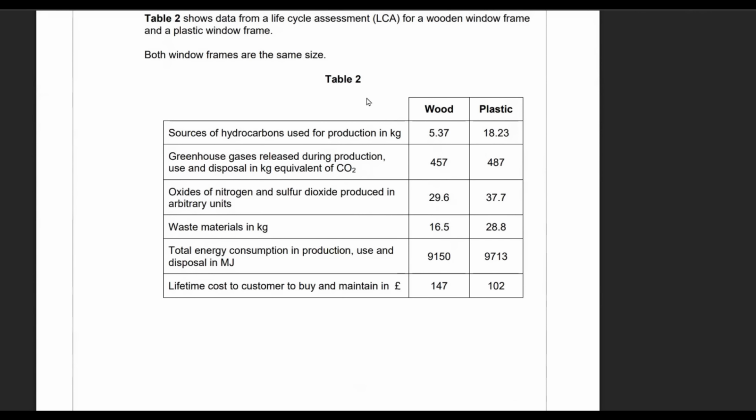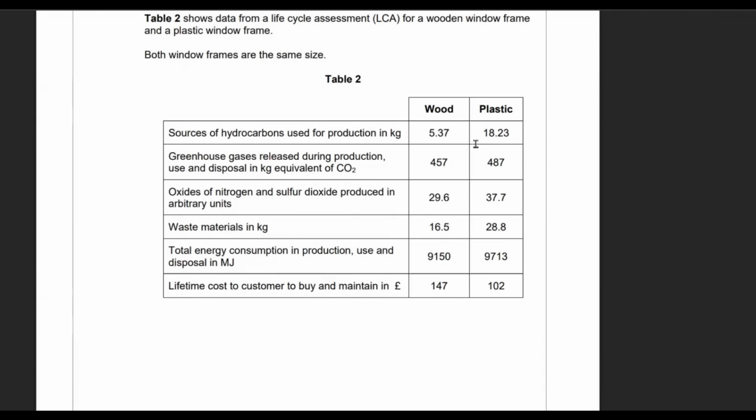What you might want to do is pause the video, study the data, and try to make 3 points for wood and plastic, taking into account both the environment and the financials. Basically, you want to say good and bad about both. And then I always like to finish my evaluation with a sum up saying which one I think is best. It doesn't matter, there's no correct answer here, as long as you can back it with a piece of evidence from the data.